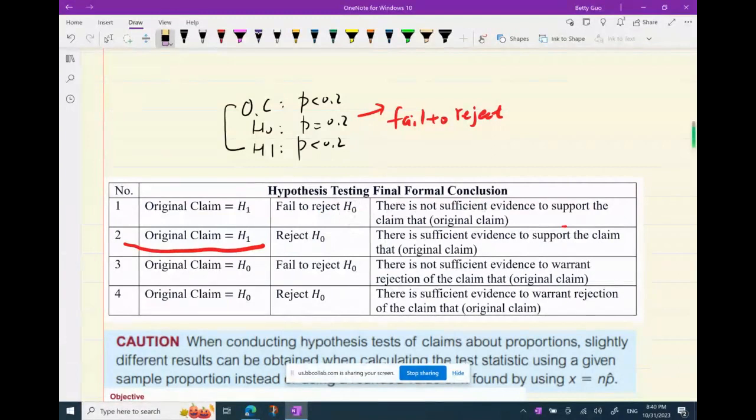Earlier we did number 1, right? So the original claim is the same as the alternative, and we reject the null. So we conclude there is sufficient evidence to support the claim. That's the only case in which we can say sufficient evidence to support.